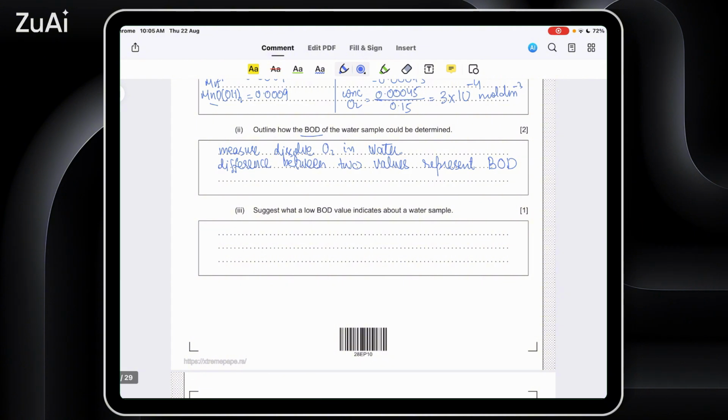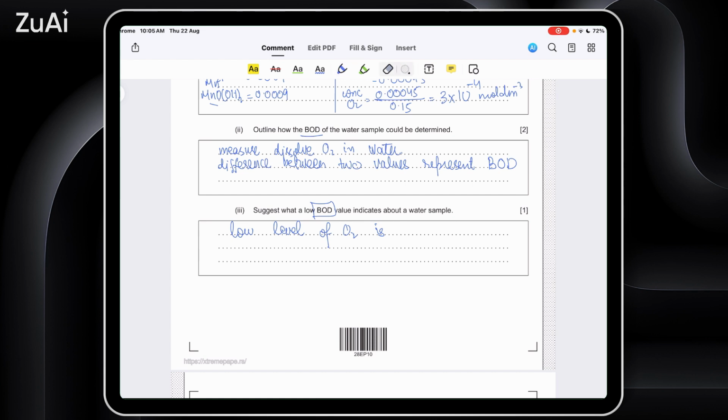And suggest what a low BOD value indicates about water. A low level of oxygen is consumed, because biological oxygen demand is the amount of oxygen required by bacteria or any biological organism to decompose anything, and dissolved oxygen is the amount of oxygen necessary for aquatic life.